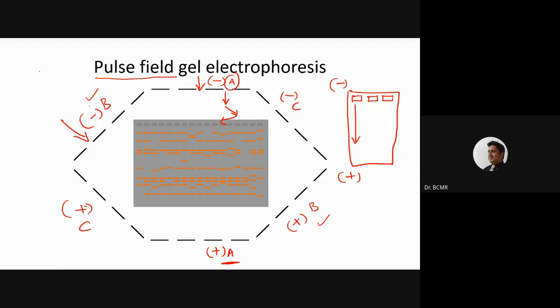For example, I'm trying to tell you about an application. I have three different bacteria. I have E. coli, with three different strains, A, B, and C. I want to know what the difference between A, B, and C is at the genome level. Are their sizes equal or different?